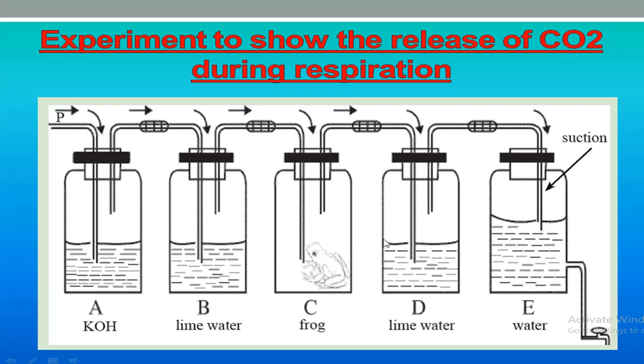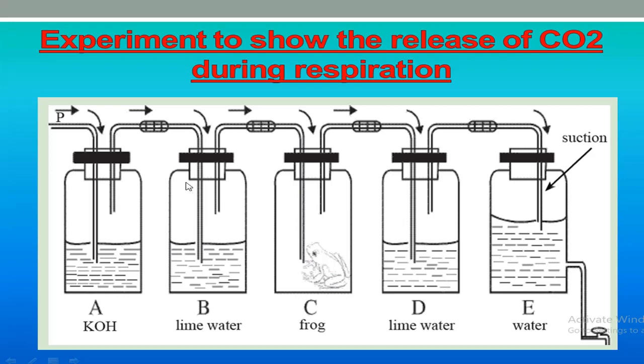After that, an empty space is built in the vessel D also. To fill this gap, air contained in the vessel C flows into the D. After that, a gap is built in the bottle C also. To fill this gap, air flows from B to C. Then a gap is made in the bottle B also.